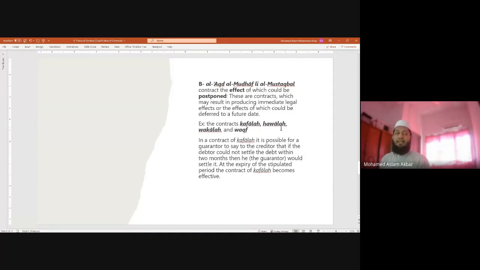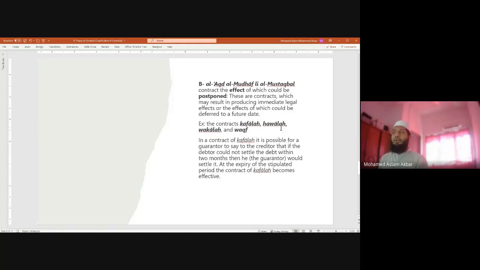Other than sale and gift, there are some contracts whose effect could be postponed, because the nature of the contract is actually like that. These are contracts which may produce immediate legal effect, or the effect of which could be deferred to a future date. It can happen exactly right now, or it might happen also later.